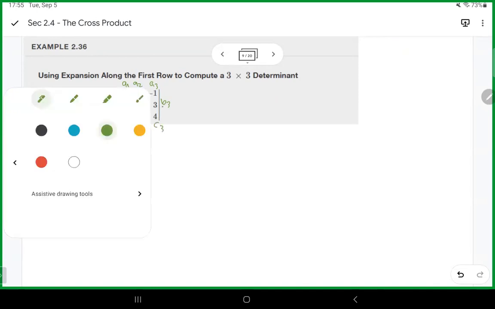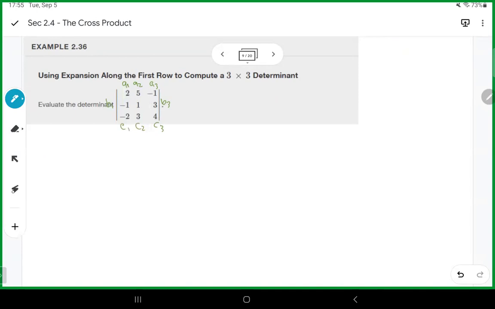Okay. So let's not make this Christmas. Okay. So we're going to pull the 2 out. 2, 1, 3, 3, 4. Notice that the second one is a negative, even though the 5 is not. That's just part of the formula.